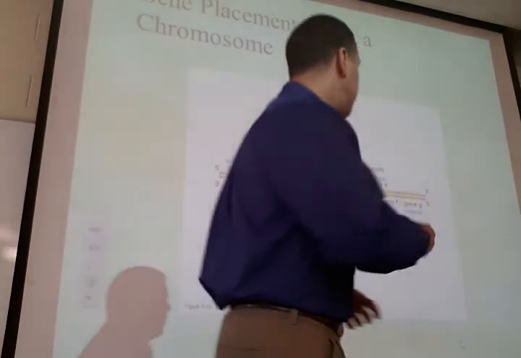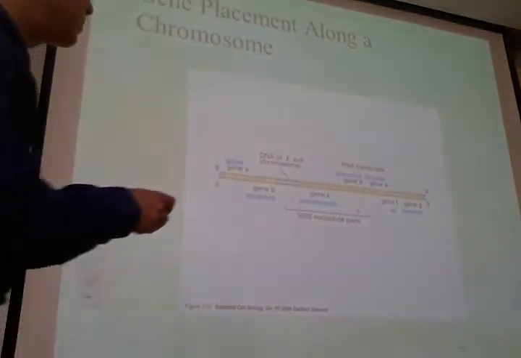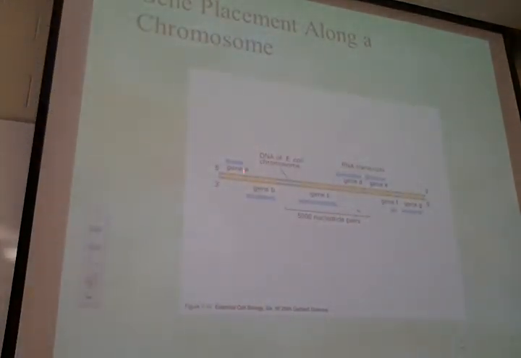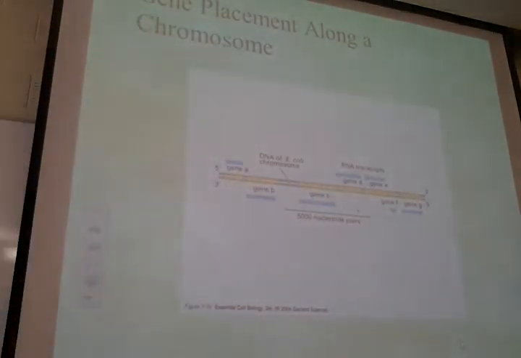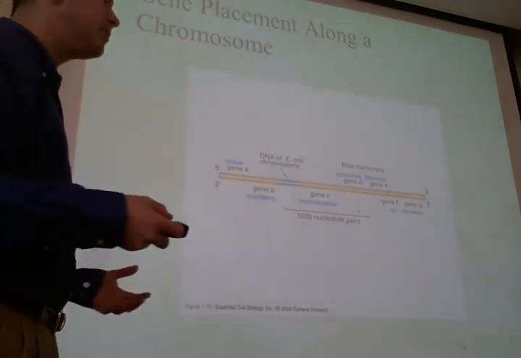So sometimes they're encoded in the top strand, sometimes the bottom strand. Some genes are bigger than others. So how do we know where they are? How do we know where they start? How do we know where they end? There are all these technical, geographic kinds of questions, if we look at this as a map, that need to be answered.